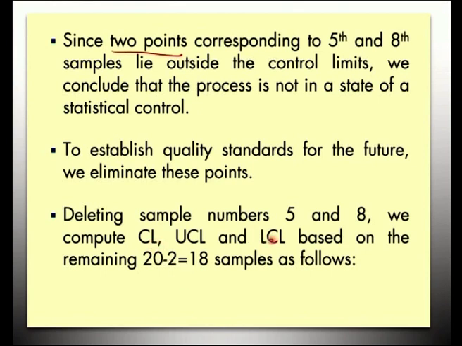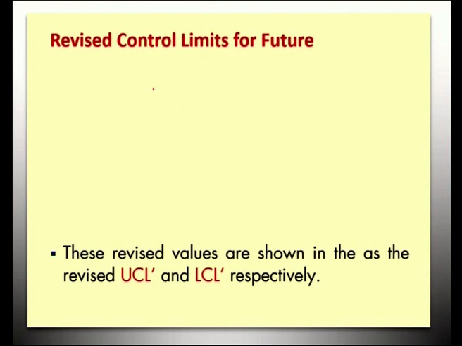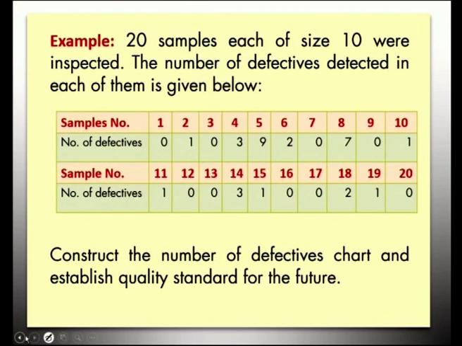So, out of 20 samples, with 5th and 8th samples eliminated, we have only 18 samples. So, deleting sample numbers 5 and 8, we compute CL, UCL and LCL based on the remaining 18 samples as follows. Revised control limits for the future: P bar is equal to summation D minus the 5th and 8th corresponding numbers of defectives. The 5th corresponding value is 9 and the 8th corresponding value is 7, and summation D, the whole number of defectives, is 31.